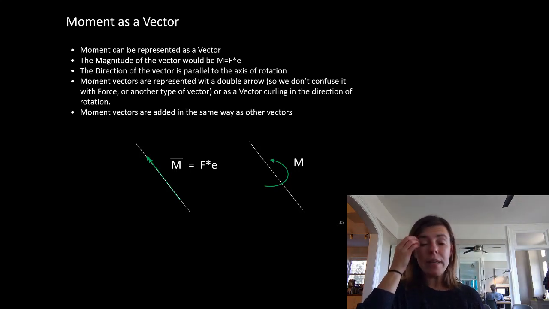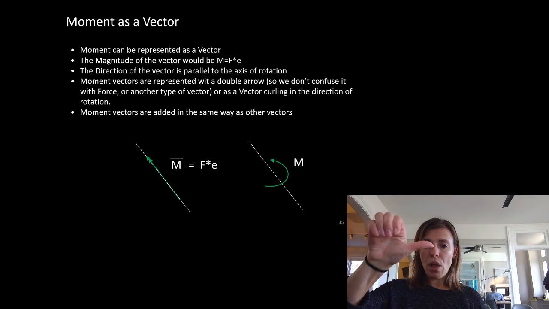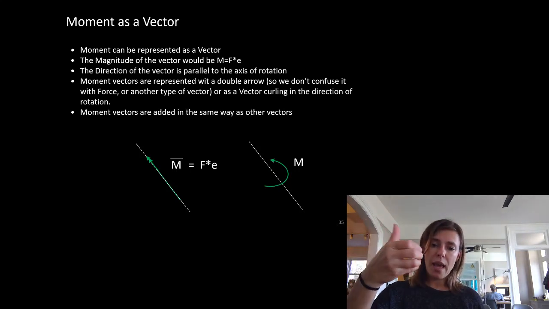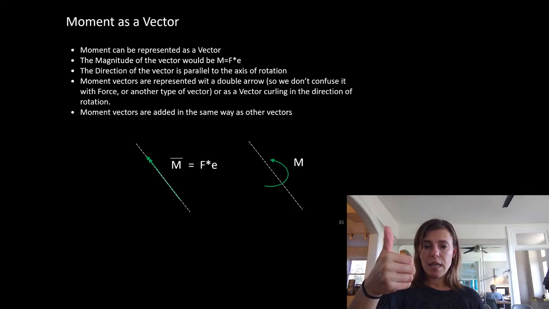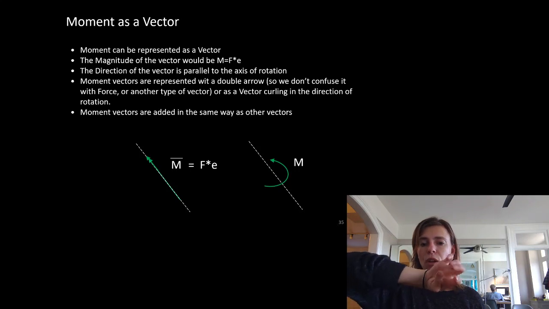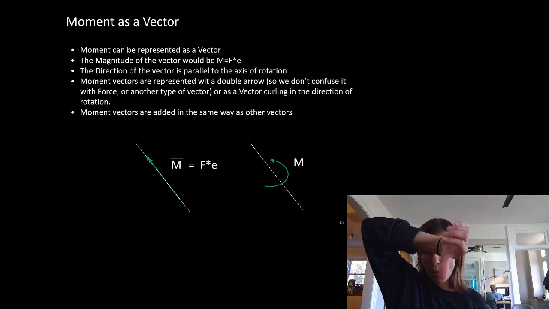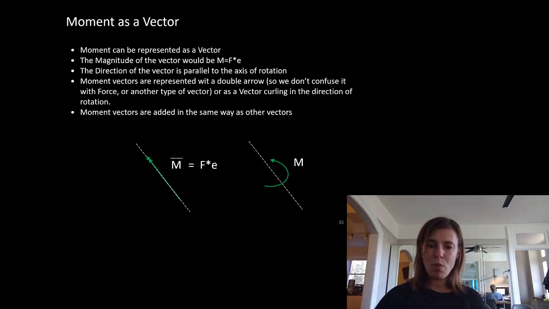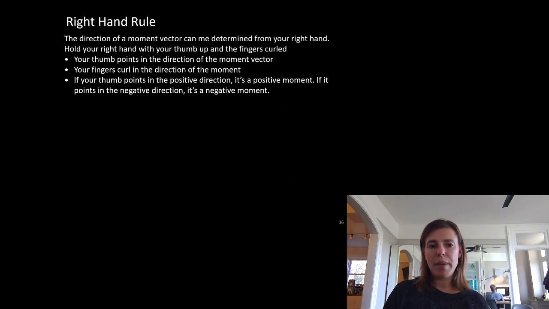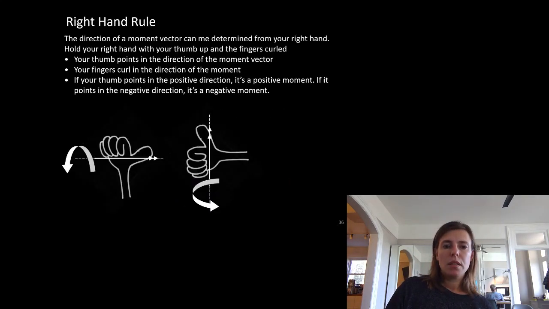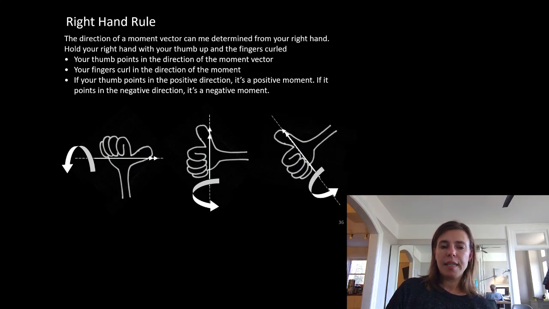And for moment, we would apply those same things. If my fingers curl this way around my y-axis, my thumb is pointing upwards, it's a positive moment. If my fingers curl this way around my y-axis, my thumb points downwards and it's a negative moment. And that's going to be really helpful when we start to keep track of things in a little bit. So here you can see just an idea of that.